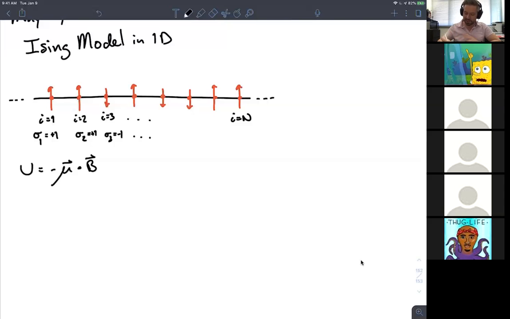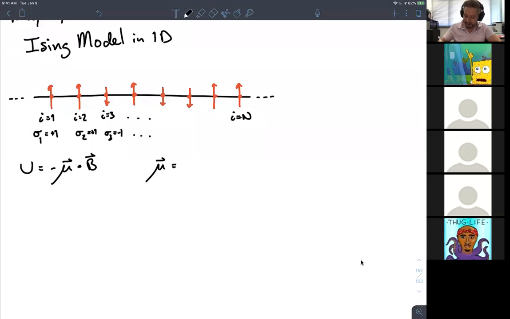The one thing I didn't say that I probably should have said is that essentially the magnetic dipole moment vector, you can write as the magnitude of the magnetic dipole times this sigma variable. The sigma variable just tells you what direction it's pointing in. It's either up or down. Last time when I wrote things like this, I'll write it down here in a second, and you'll see why this is important.